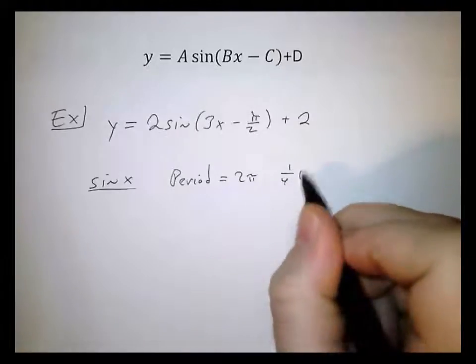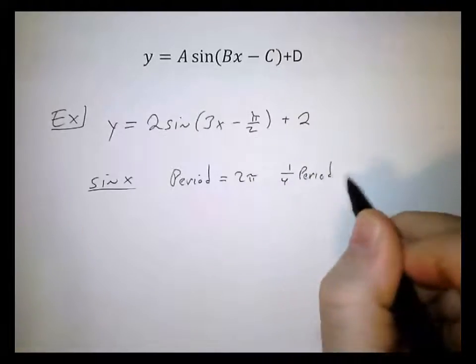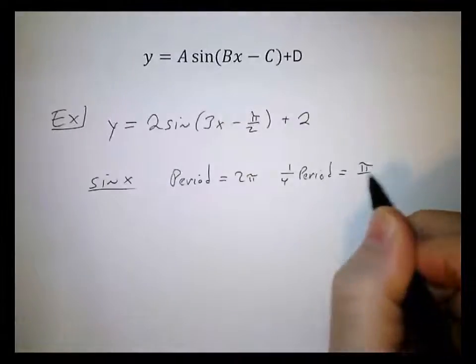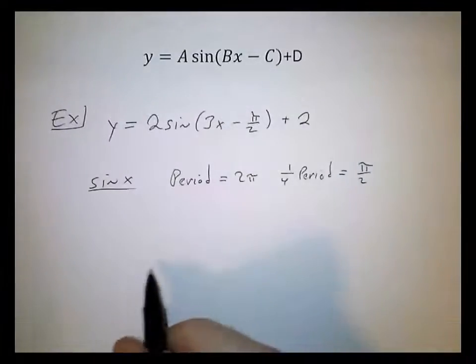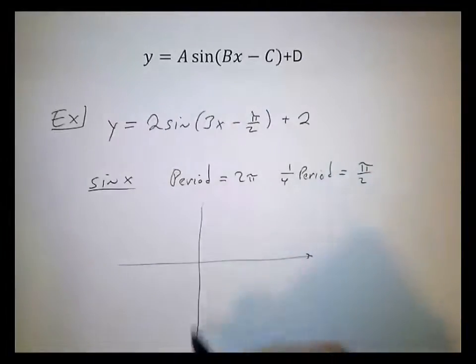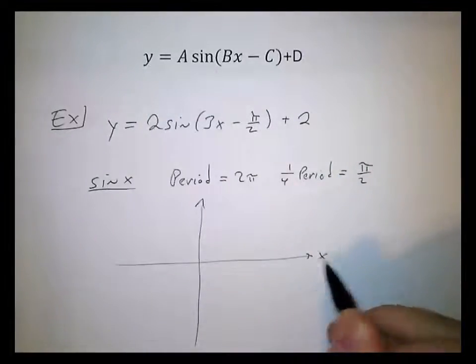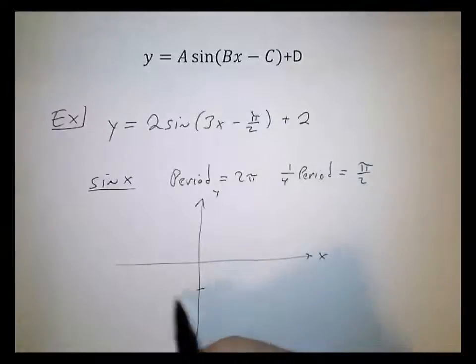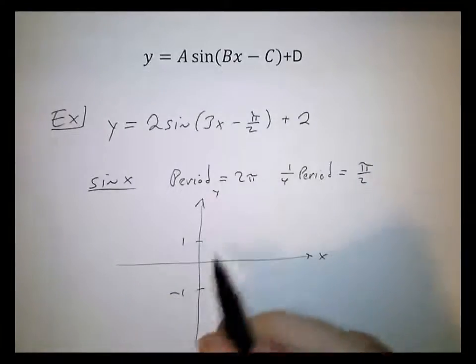So 1/4 of the period is pi over 2. And it's my graph of just the sine function here. One period of it anyways. I'm going down from -1 to 1 here.